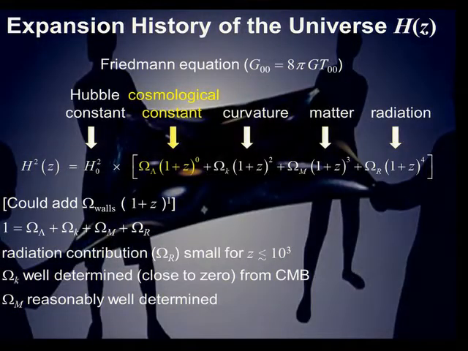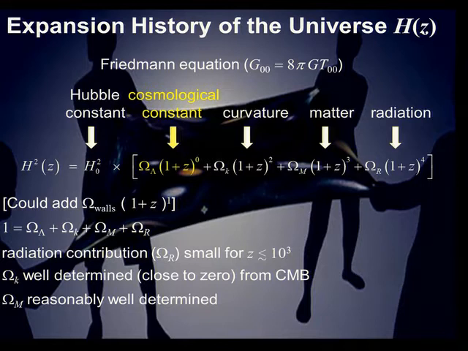So if there is a cosmological constant, it should be added. It would be an energy density that does not change as the universe expands, does not change with redshift, so it's proportional to (1+z) to the 0, and it introduces one more constant in the equation for the expansion rate as a function of redshift.